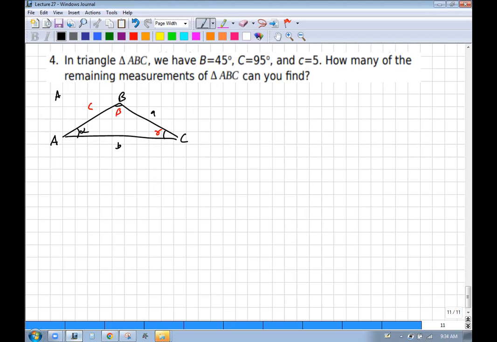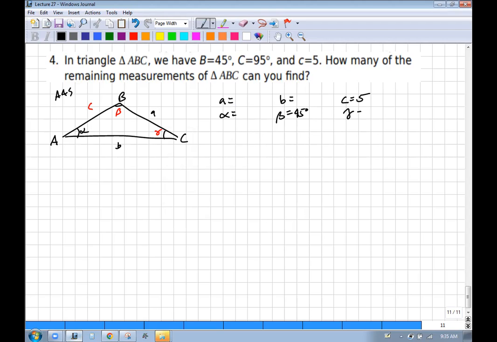Or an angle side, right? Angle side. Now if we write these down, let's see. A, we don't know. Beta's 45. Alpha, we don't know. B, we don't know. C is 5.